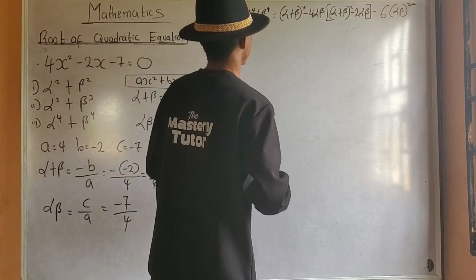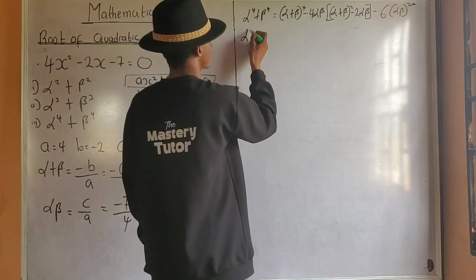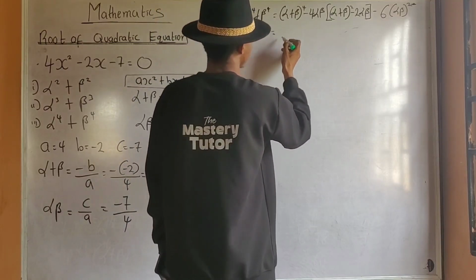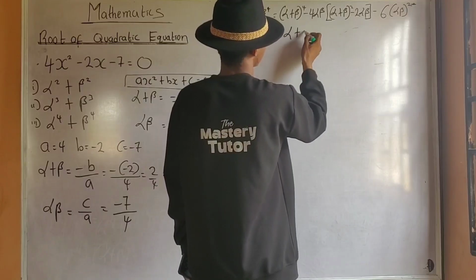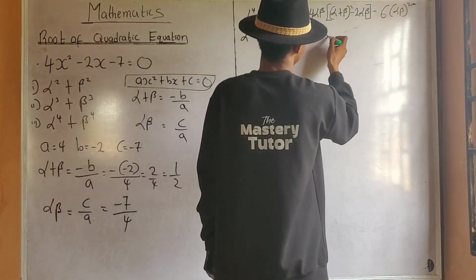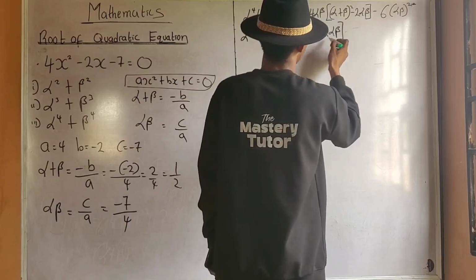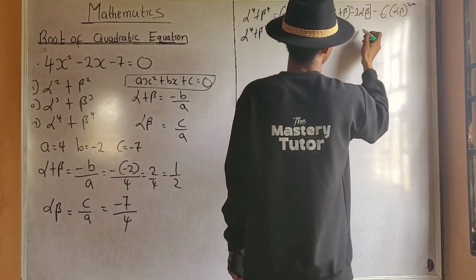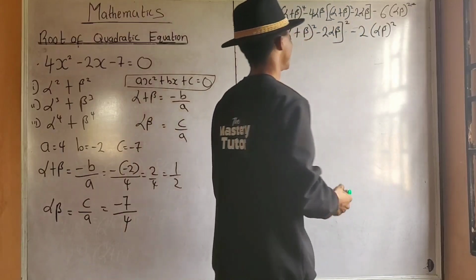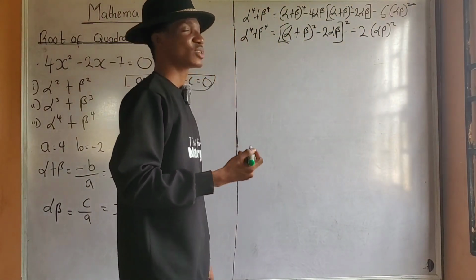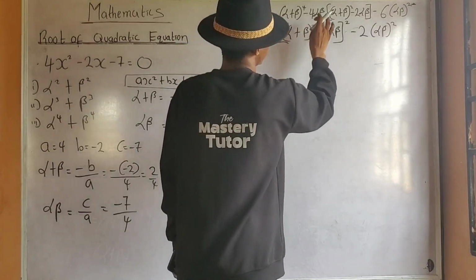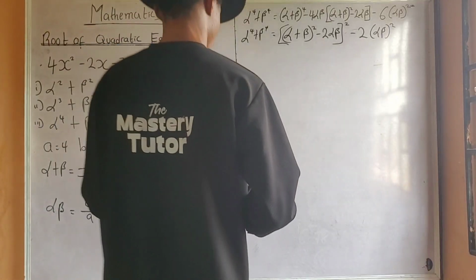Are you getting it? Now, alpha raised to the power of 4 plus beta raised to the power of 4 can be expressed as ((alpha plus beta) raised to the power of 2 minus 2 alpha beta) all this squared, minus 2 (alpha beta) squared. Okay, so you can use any of these methods. You are still going to have the same answer. You can use this and you can also use this, depending on your choice.